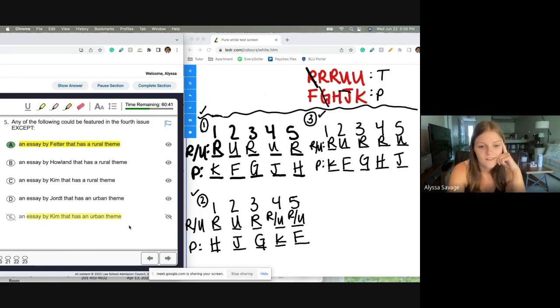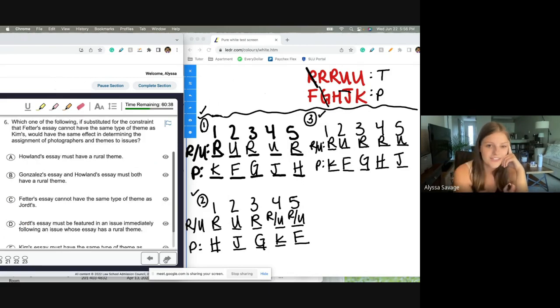Got it. All right. And number 6 is a substitute question. I'm not going to go over it because the substitute questions tend to be the hardest. And if we're not going 21 correct on all the sections, not every time, but consistently 20 and up on your sections, do not waste your time on this. Pick an answer choice and move on. Because people who are struggling to get 20 correct on the section are struggling with the lower hanging fruit, like our must be trues and our could be trues.